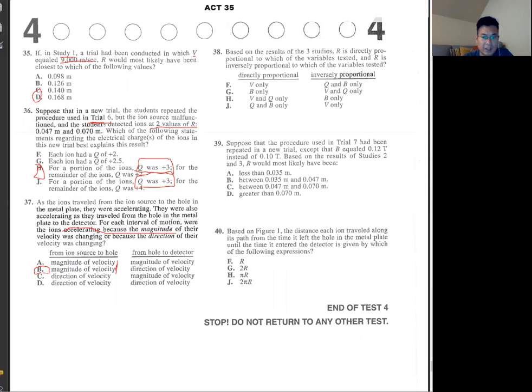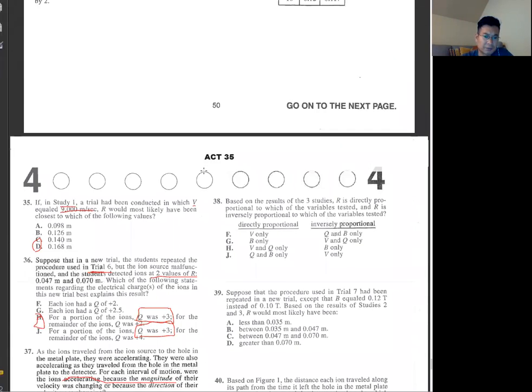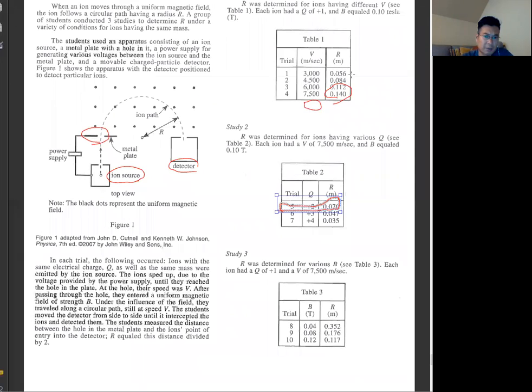And then number 38, based on the results of 3 studies, R is directly proportional. Directly proportional means as R increases, something else increases as well. And inversely proportional is the opposite: R increases, something else decreases. So if you look at each one of them, in table 1, R increases, V increases.